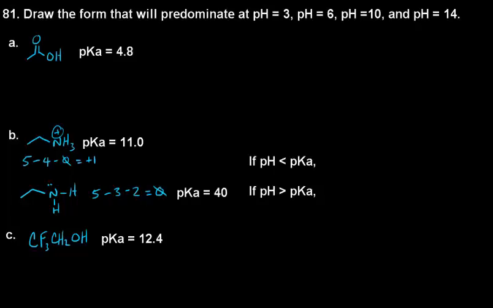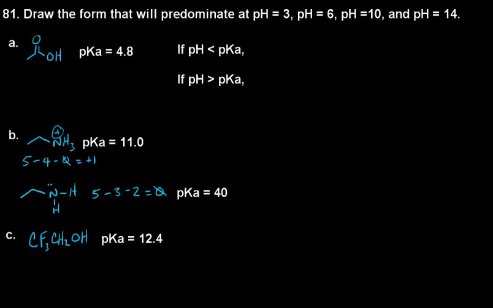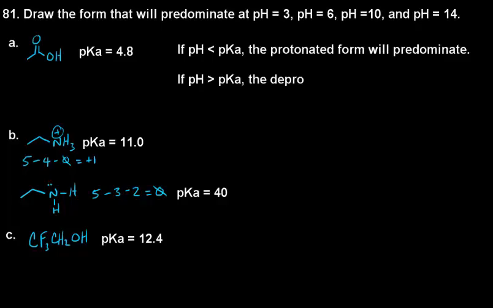In the first case, if the pH is less than the pKa of your molecule, say compound A, we'll retain the protonated form of that molecule. And the corollary is, if you have a pH that's greater than the pKa of your molecule, then the deprotonated form will predominate.